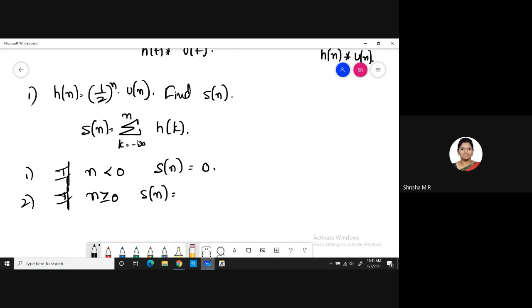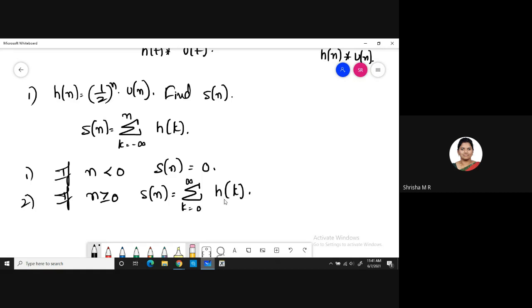Coming to case 2, if n is greater than or equal to 0, what is your s of n? s of n is equal to the summation with limits k equal to 0 to infinity of h of k. What is your h of k? It is your h of n, replacing n with k.